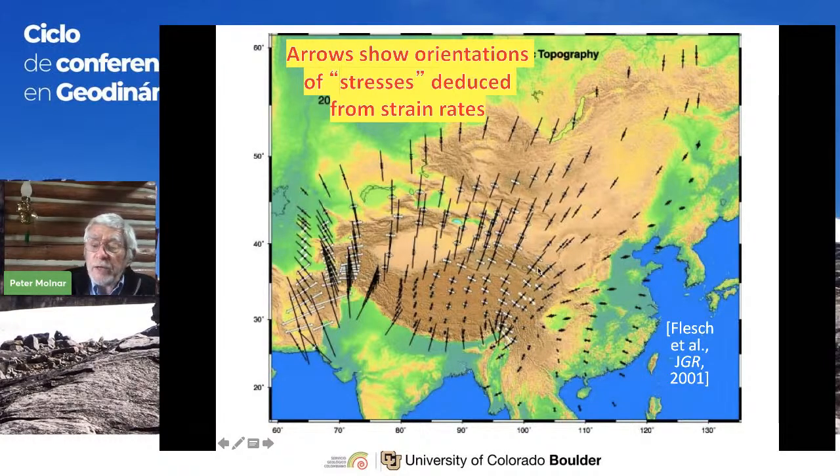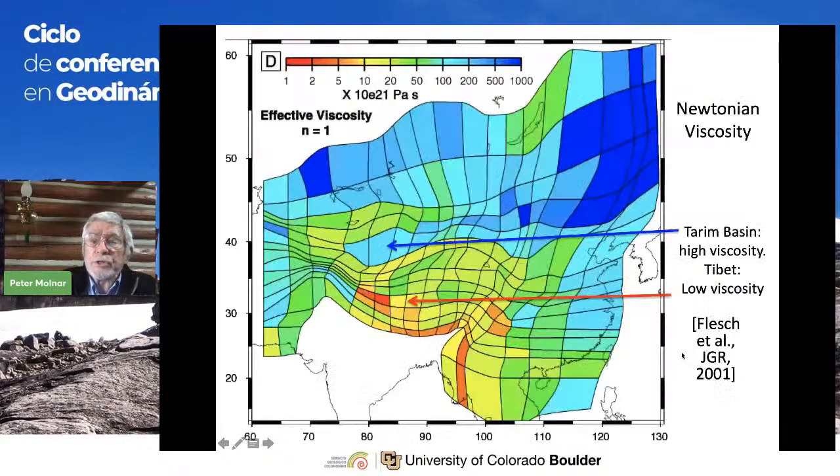And what Lucy Flesch and her colleagues did was solve for the viscosity. And here's a scale, and these numbers might not mean very much to you, but this is a high viscosity and this is a quite low viscosity, assuming Newtonian viscosity. And the Tarim Basin indeed has a high viscosity, and Tibet in here indeed has a low viscosity.